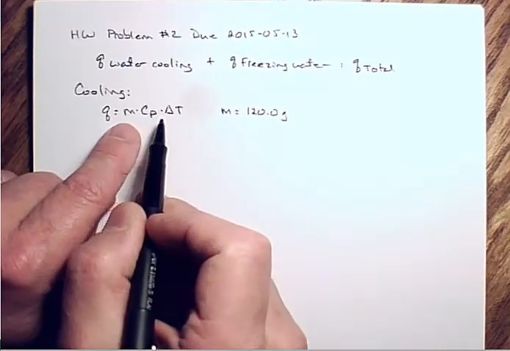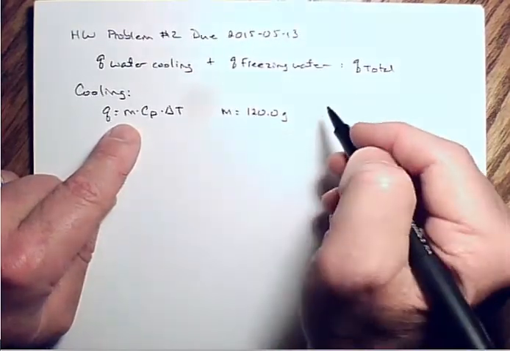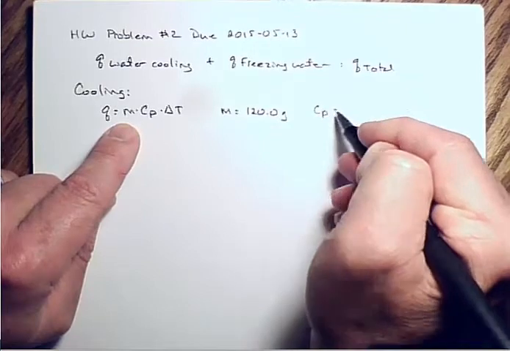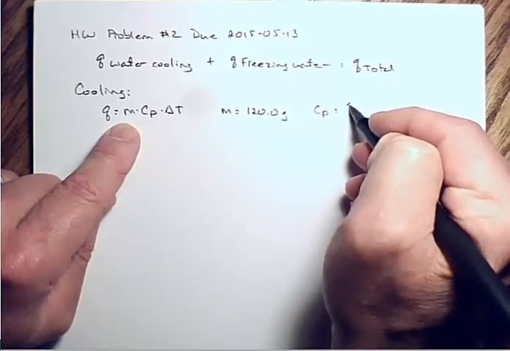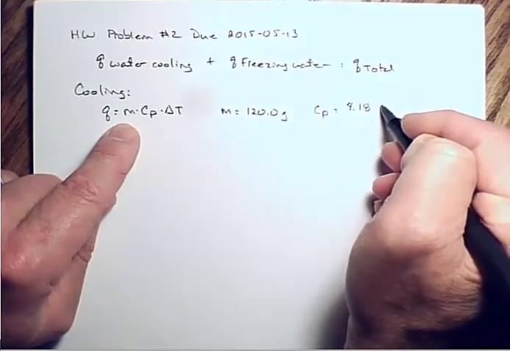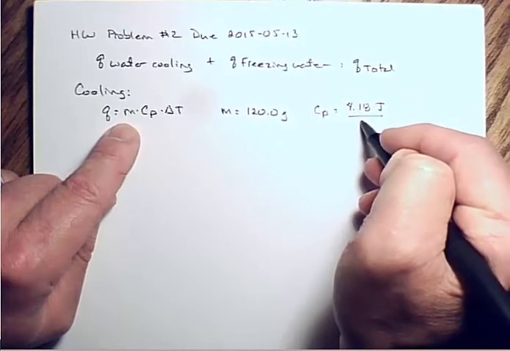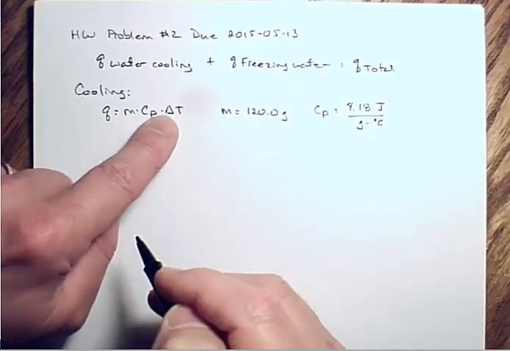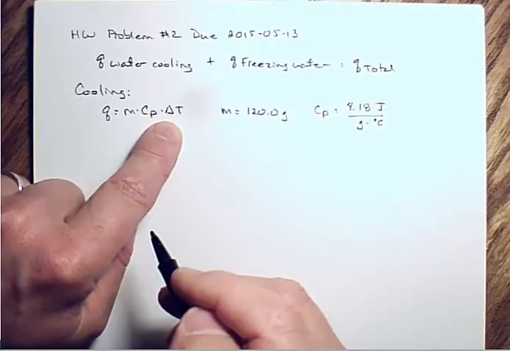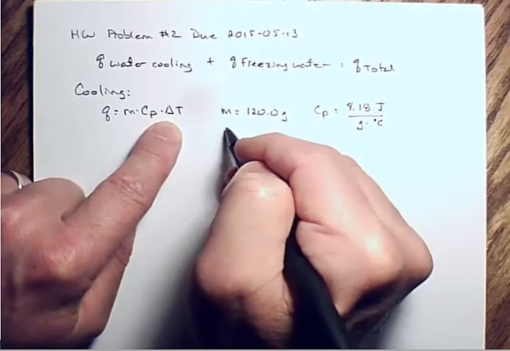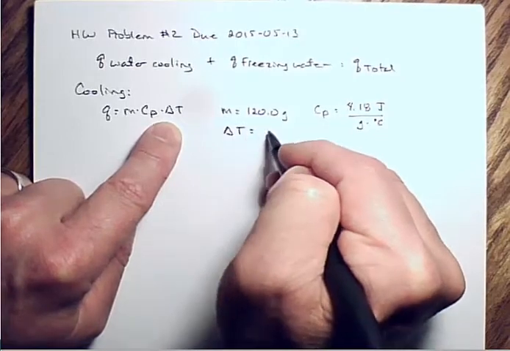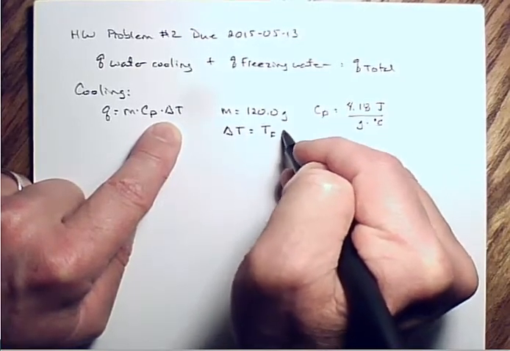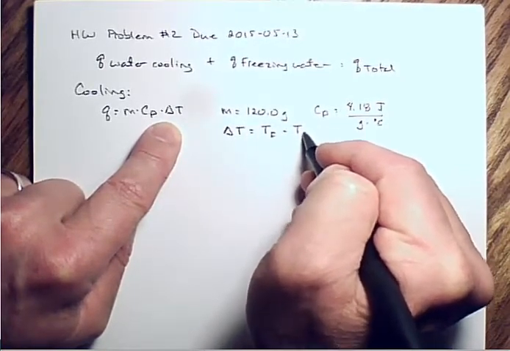So for the cooling of the water, it's 120 grams, the mass. Specific heat, this is a number you need to memorize, 4.18 joules per gram per degree C. Change in temperature we're going to have to calculate. Change in temperature is always temperature final minus temperature initial.